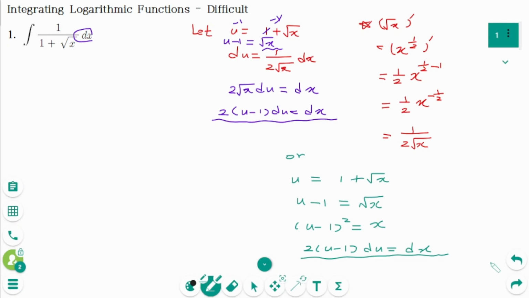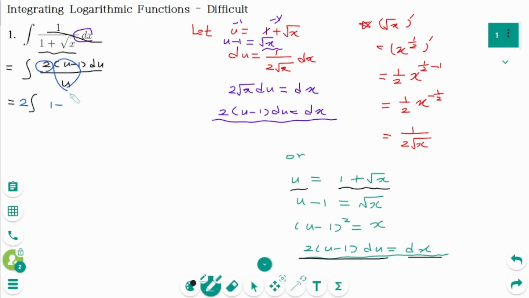Back to the original. Let's change all x into u. The integral of 1 over 1 plus the square root of x dx is the integral of 2 times u minus 1 over u du, which equals the integral of 2 times 1 minus 1 over u du, which equals 2 times u minus ln absolute value of u plus c.